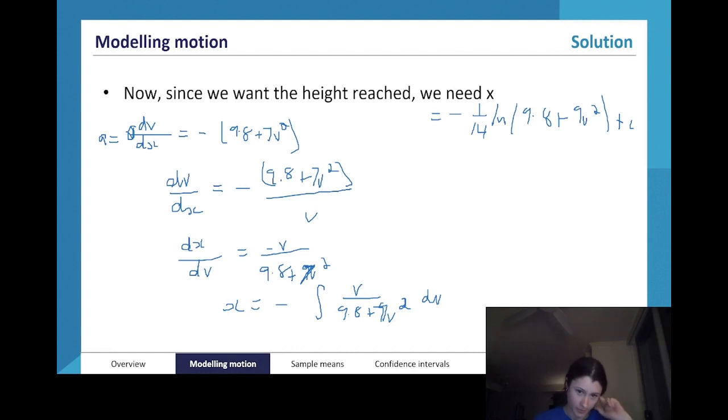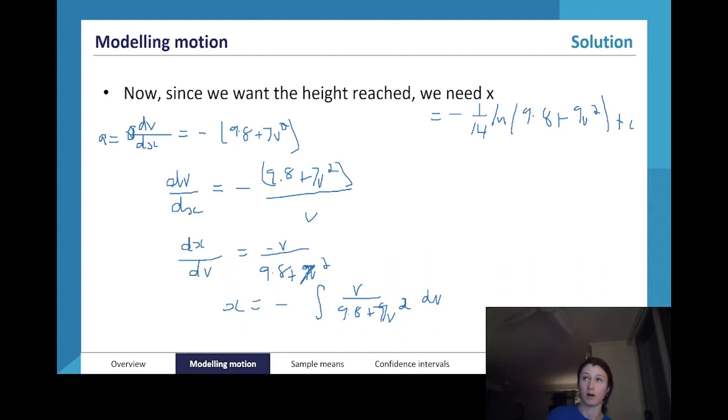Now this tells us about the position of the particle with respect to velocity.